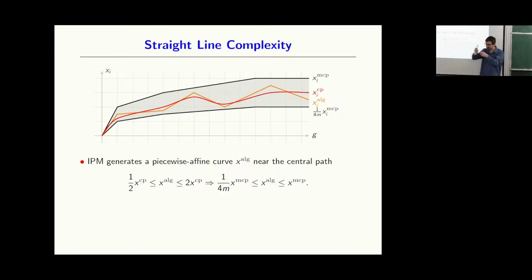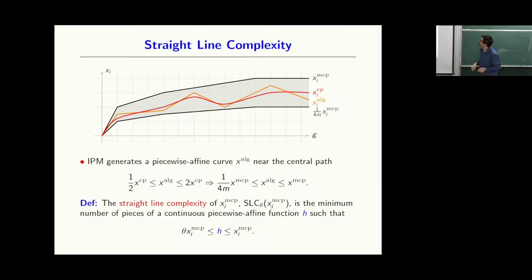I'm going to go from here to there, and then I stop, change direction, and go here, and so on and so forth. So a natural question that comes from this picture is that, algorithmically, you can think of the path followed by algorithms as paths that approximate the central path via piecewise linear curves.